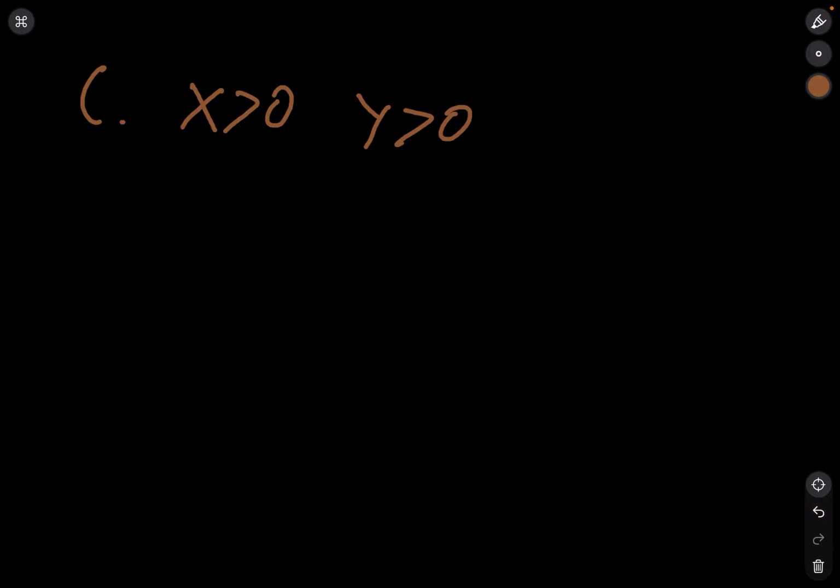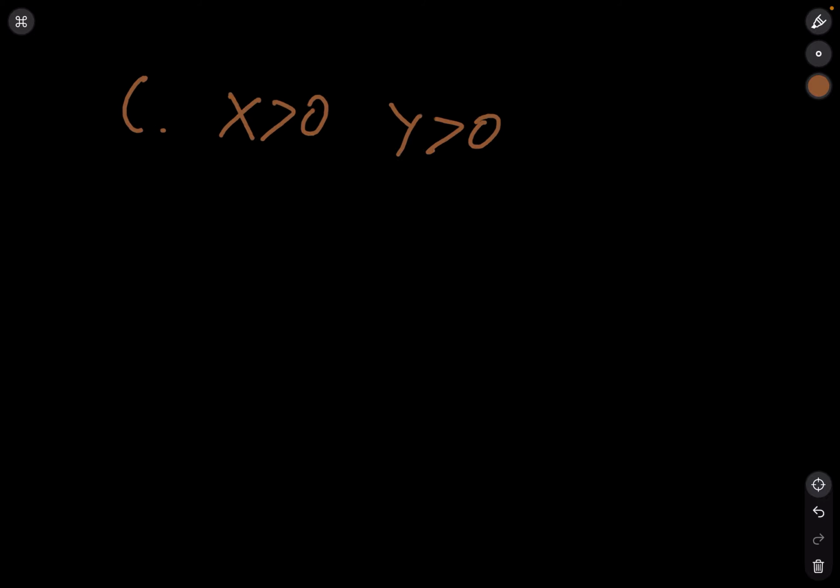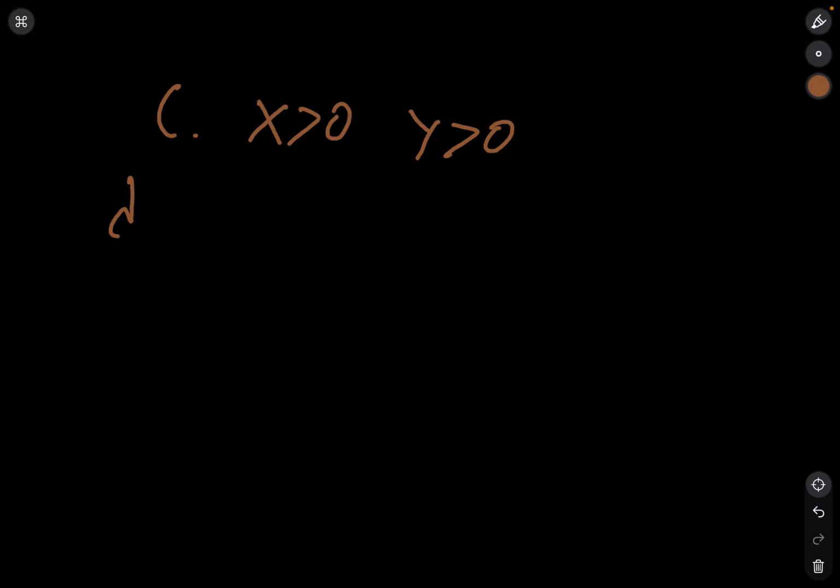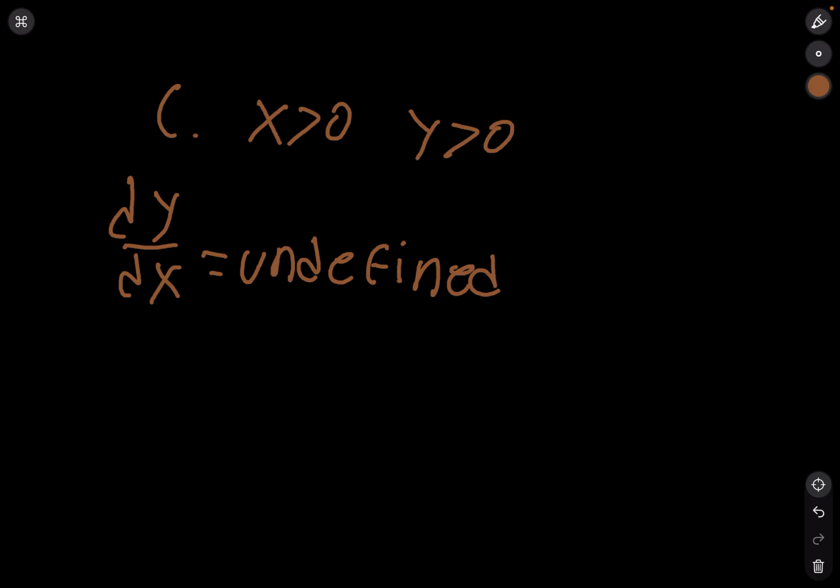So, what these fancy symbols just mean is that x and y are both going to be positive. And since we're trying to find the line that is undefined, that means we're trying to find where dy dx is equal to undefined.